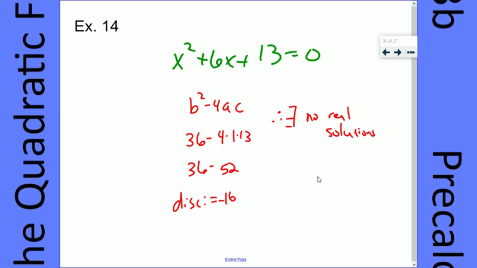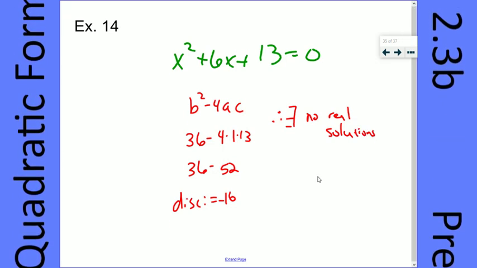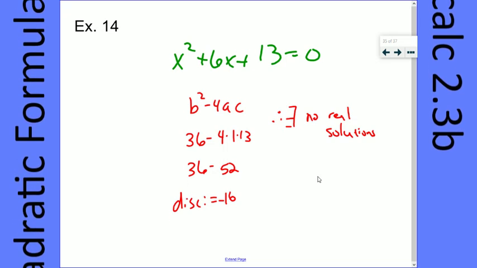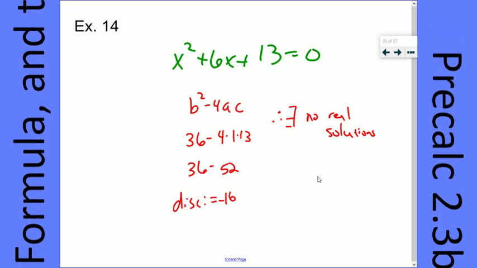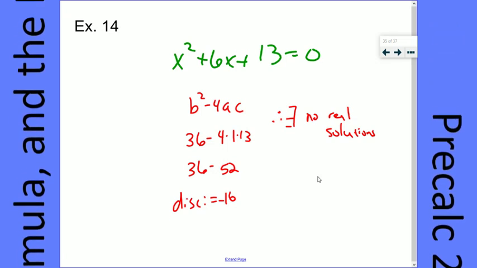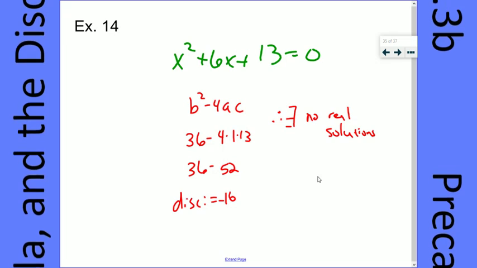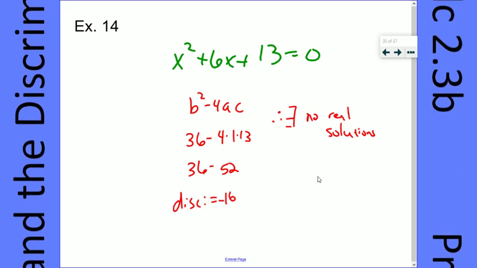And if you want to flip back to when you solved this one, you found that both of those solutions were imaginary. Okay? So that's how the discriminant works. You're looking at that quadratic and just being able to say, okay, I can expect this many solutions.